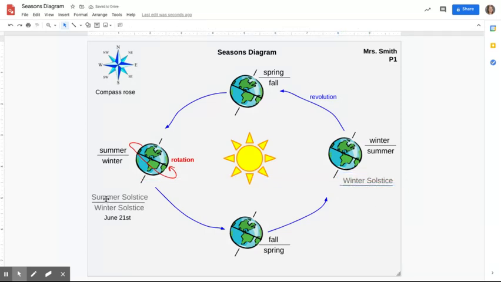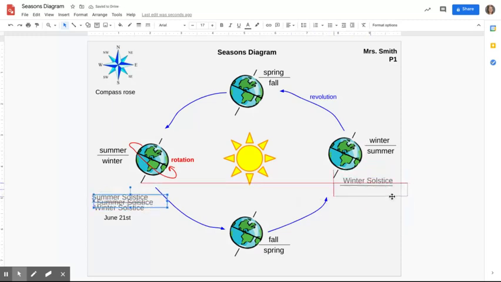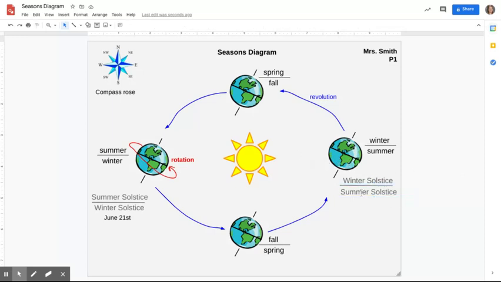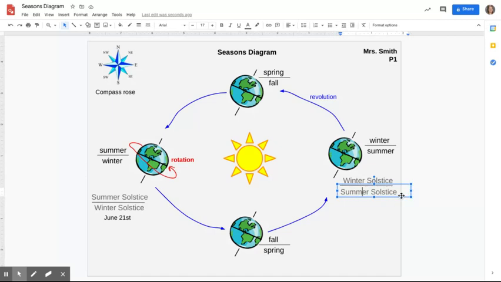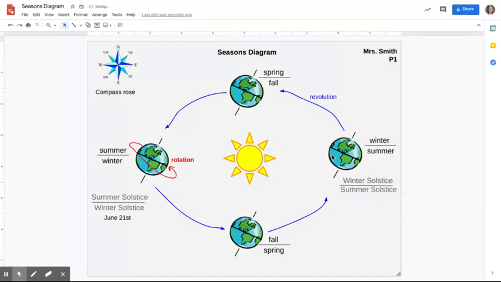And our summer solstice for the southern hemisphere happens on the same day because it's going to be when the northern hemisphere is tilted away from the sun as long as it possibly can, and the southern hemisphere is tilted towards the sun as long as it possibly can. It is the longest and shortest day of the entire year for either of the hemispheres.